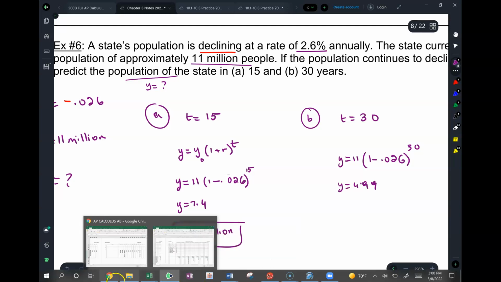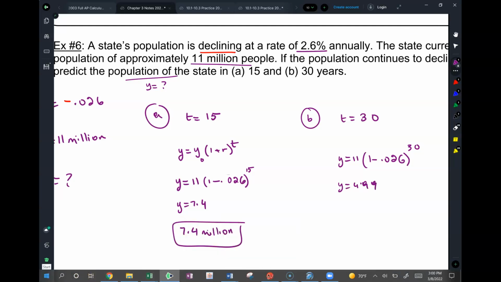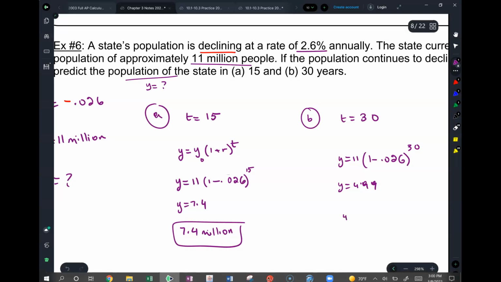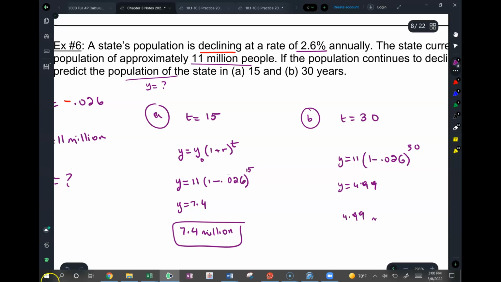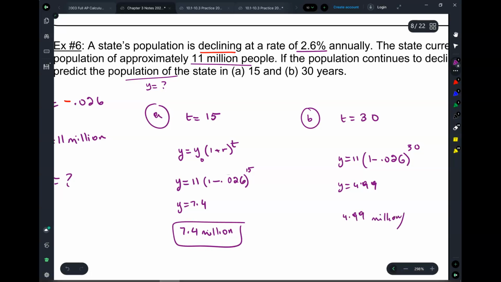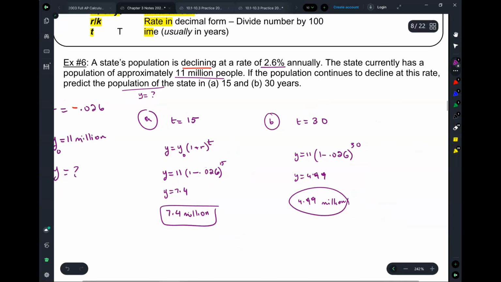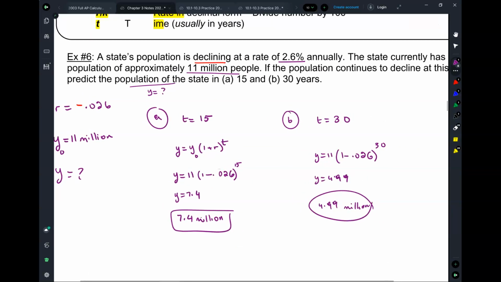It depends on whether it says to round to a certain decimal place. And then you always want to double check: does my answer make sense?